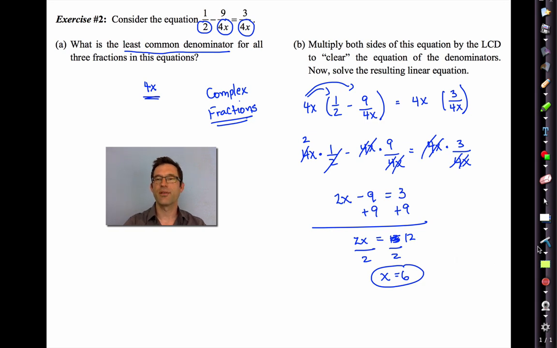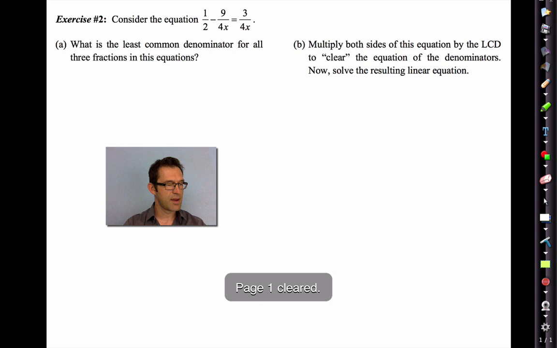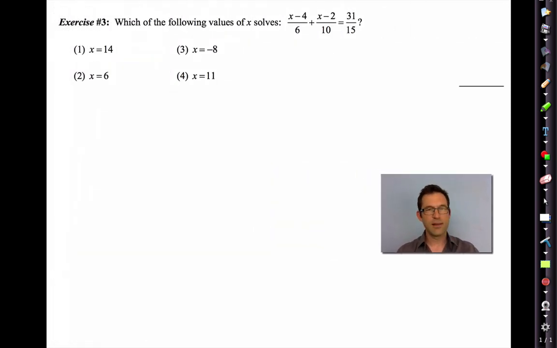Okay, I'm going to clear out the text. And let's take a look at a multiple choice problem. So, it's going to be a little tricky, a little dicey. All right, which of the following values of x solves the following equation? I'm going to rewrite it right here. Now, what I want to do is look at those 3 denominators, the 6, the 10, and the 15.